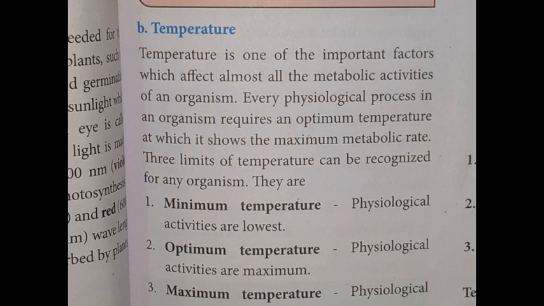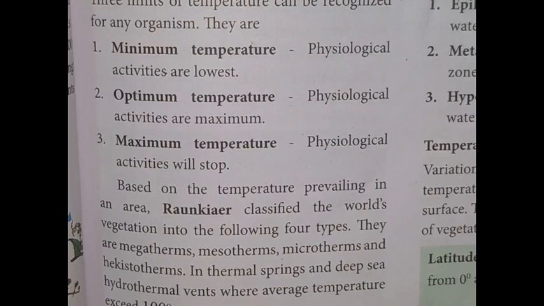They are minimum temperature, optimum temperature and maximum temperature. At minimum temperature, physical activities are lowest in the organism. At optimum temperature, physical activities are maximum. At maximum temperature, physical activities will stop.